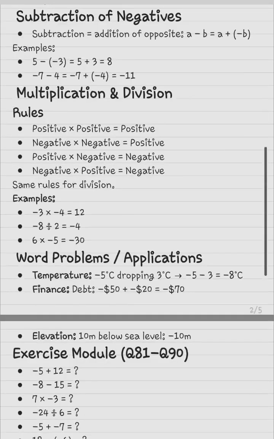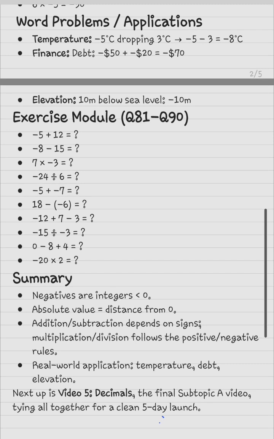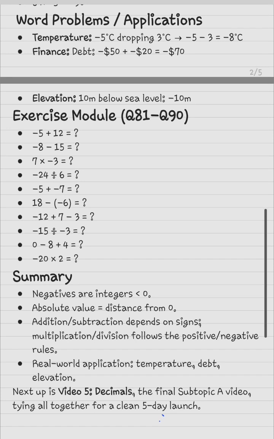Now let's look at the real-world applications of negative numbers. Negative numbers help us describe specific scenarios in daily life. Temperature. If the temperature is -5 degrees Celsius and it drops another 3 degrees, the calculation is -5 minus 3, which equals -8 degrees. Finance.